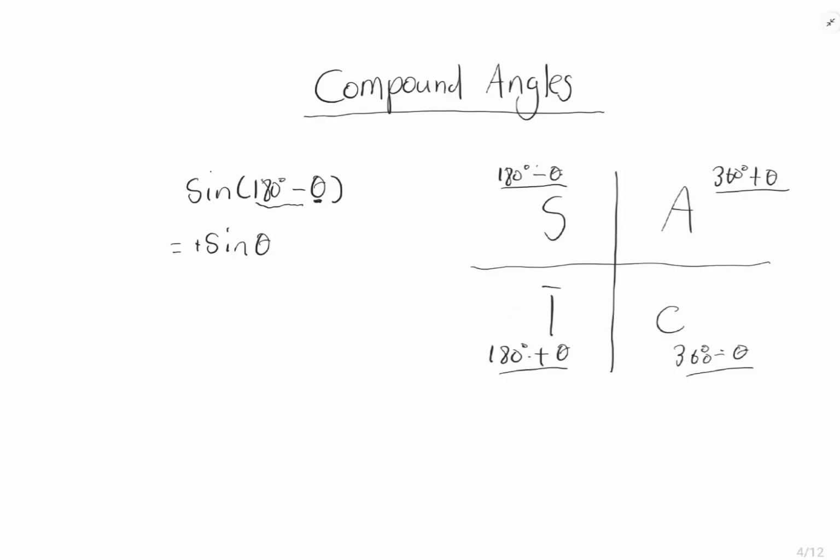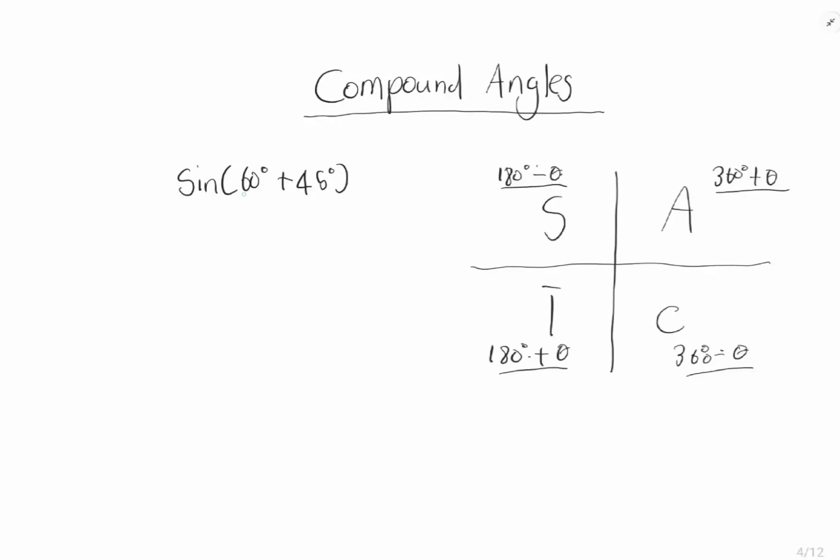So what if we have a situation where it's not 180 minus, 180 plus, 360 minus, or 360 plus? For instance, it's sine of 60 degrees plus 45 degrees. What then?